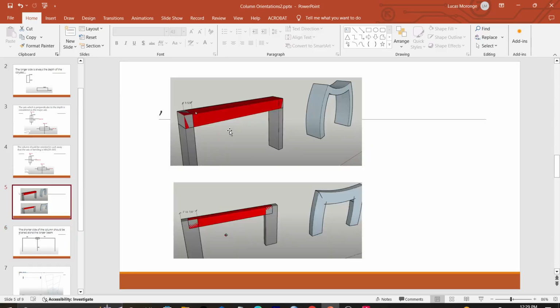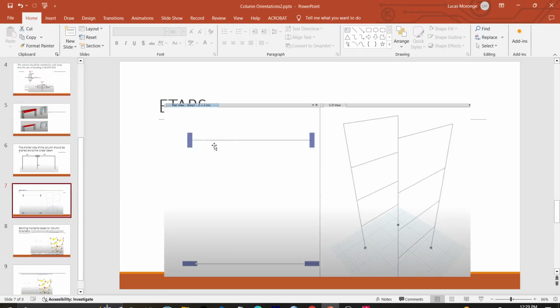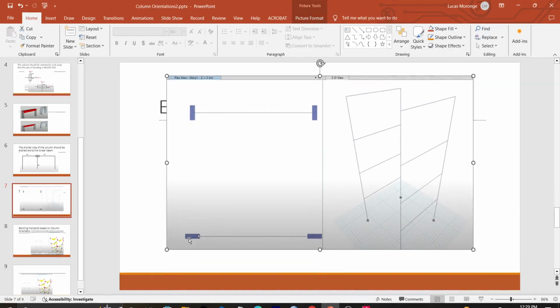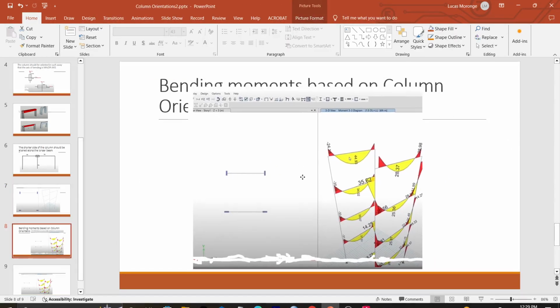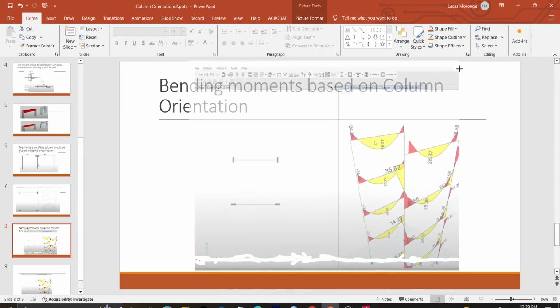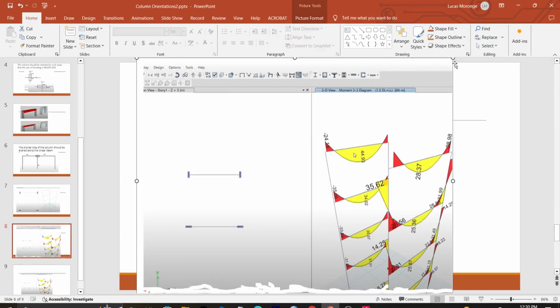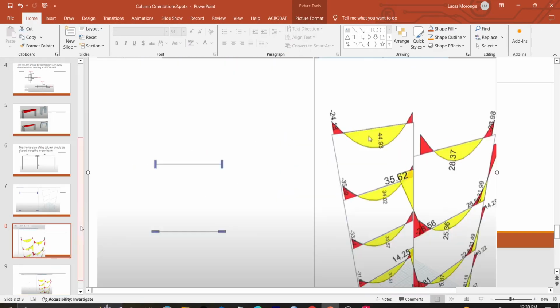Let's go on. Once you do analysis of these beams in software, you have loaded your first beam here. You can see how you have arranged this one and how you have oriented this one. Once you run the analysis, this is what you will get. For our first column, I'll zoom in so you can see this 44 very well.